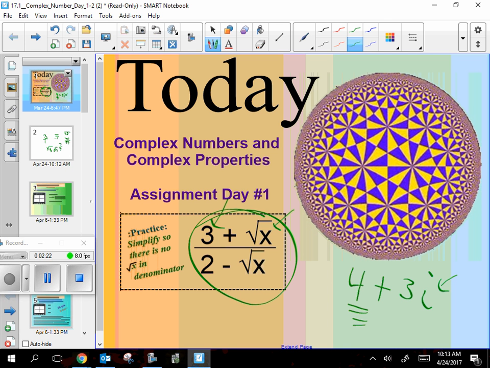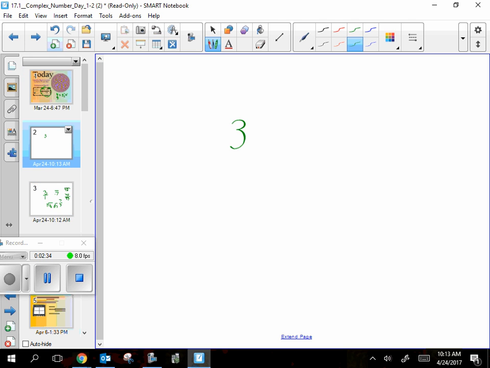And today's the first day, and we're not going to get super deep into this, so you won't be doing super complicated things. But one thing I really do want you to work on is this: 3 plus root x over 2 minus root x. I want you to think through what's wrong with it the way it is. Why can't I just leave it alone?